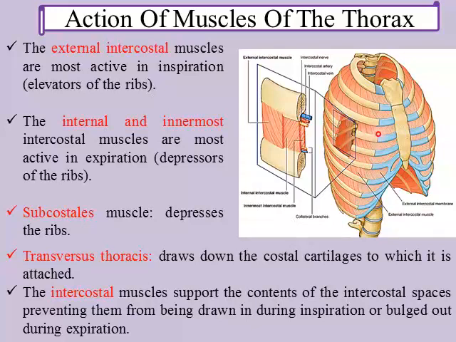And if the pressure decreases, like in expiration, the thoracic cavity will be pulled inside. So this is prevented by the intercostal muscles, to keep the intercostal spaces and structures in the thorax in place and prevent bulging outside.